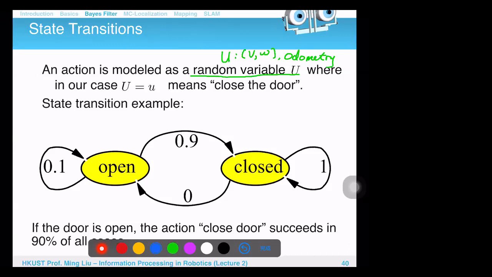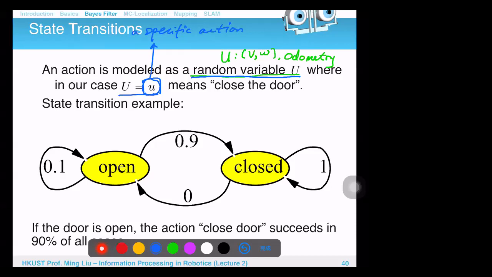So far, come back to the door opening problem. We have a random variable, capital U, and a small u. This is important. This small u is a value, a quite specific action.